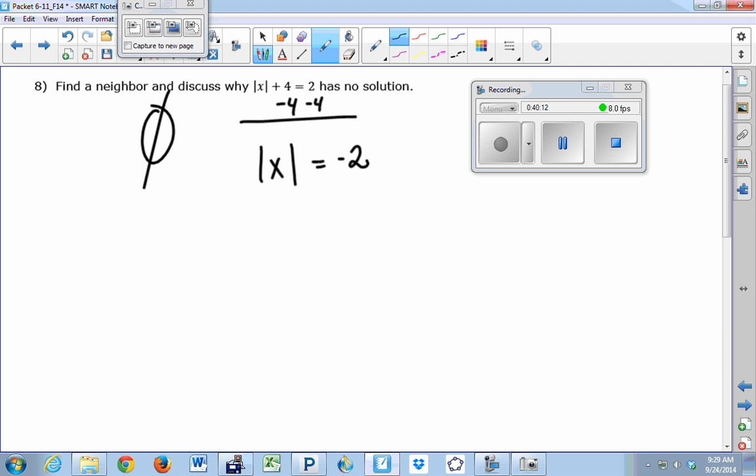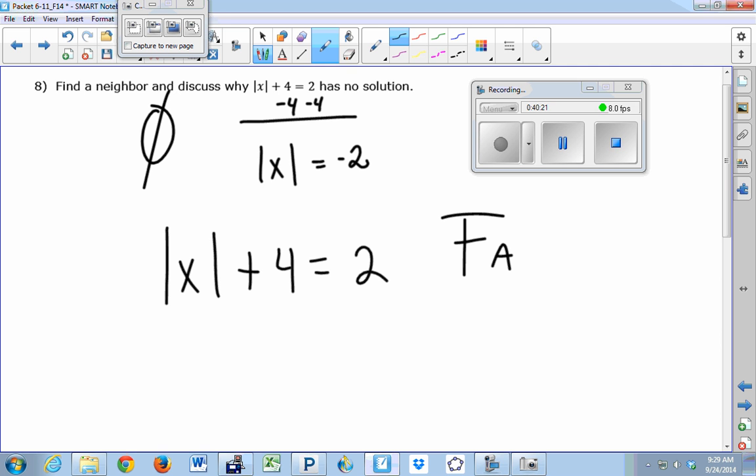So if I gave you something like this on your test Monday, and I asked you if this were true or false, you could say false. How could you change the sentence so it would be true, or how could you show a counterexample? There's a really easy way to change a sentence.